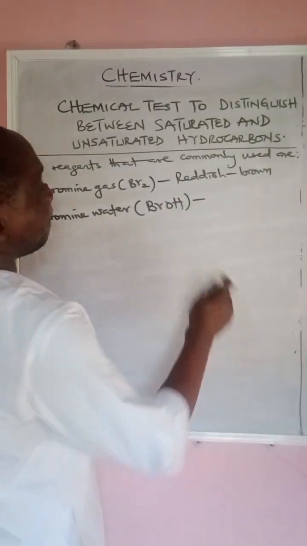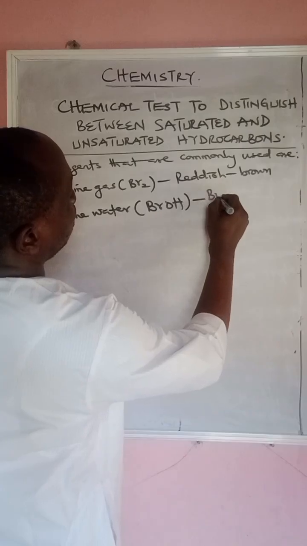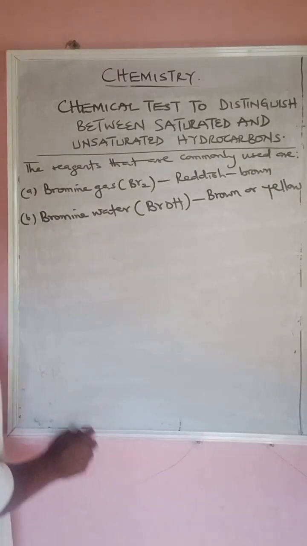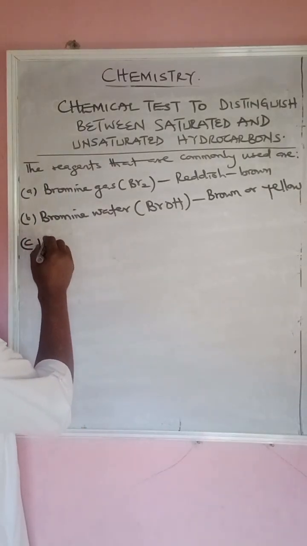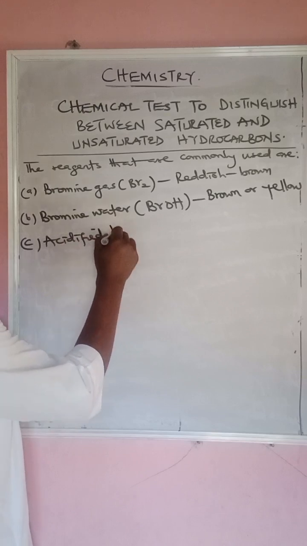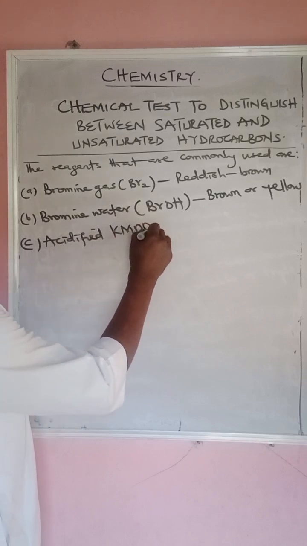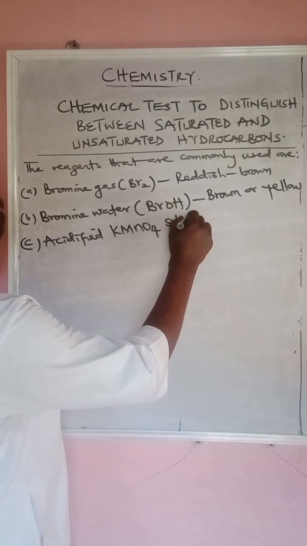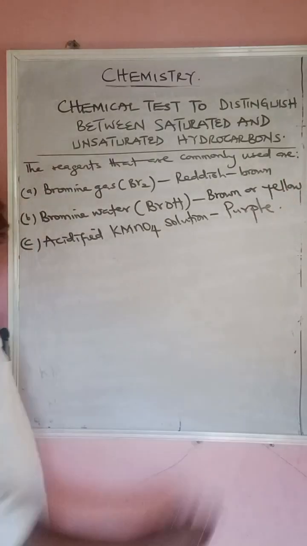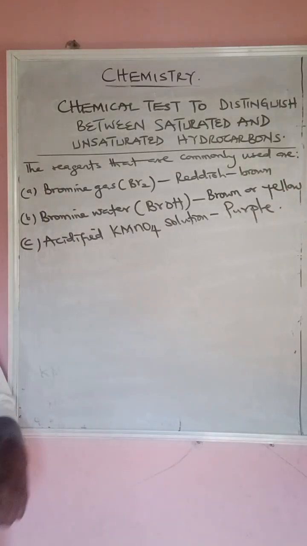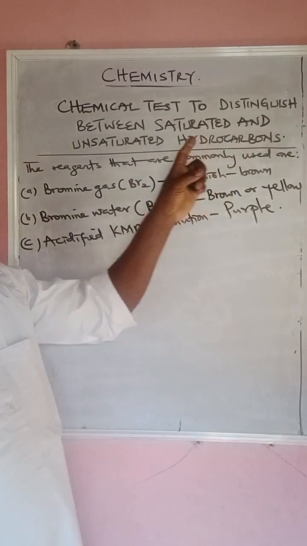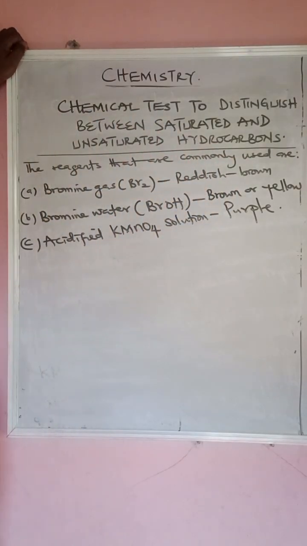This one is brown or yellow. C, we talk of acidified KMnO4 solution. You know this one is purple. These are the reagents we use to distinguish between saturated and unsaturated hydrocarbons chemically.